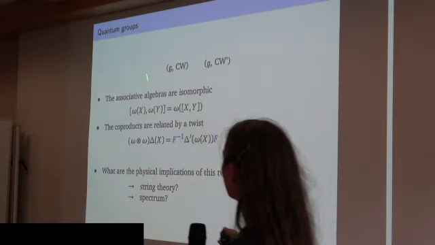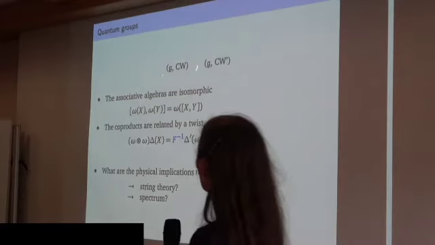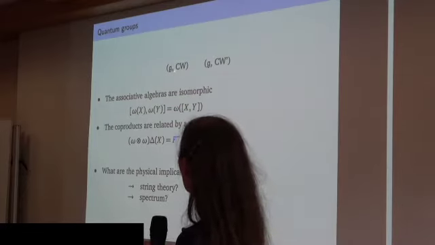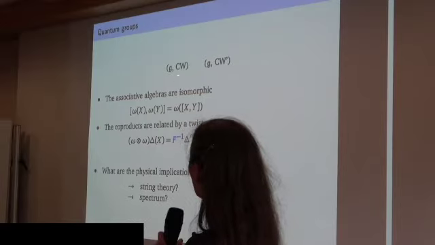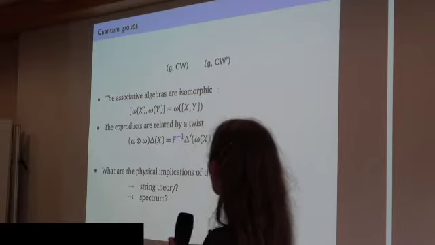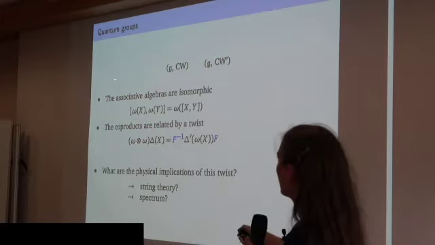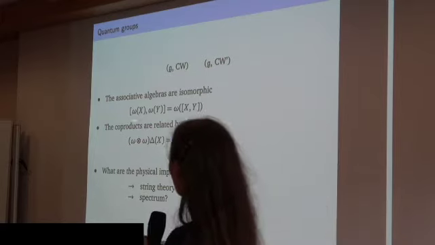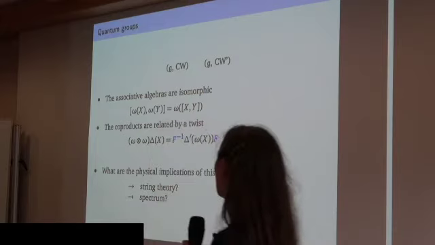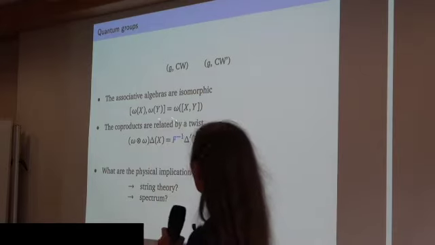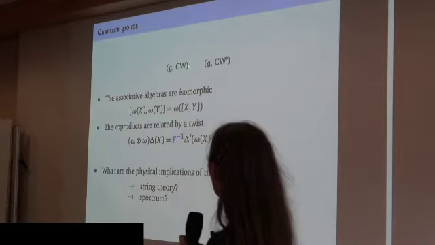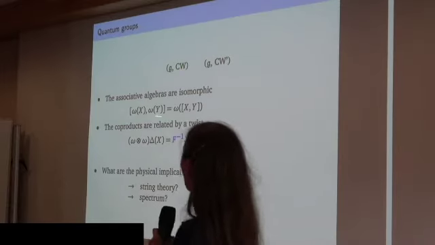For this, let me consider two different Cartan-Weyl bases: Cartan-Weyl basis number one and the other one, where all the quantities will be denoted with a prime. What happens is that the associative algebras are isomorphic, so you can find this Lie algebra homomorphism, omega, that goes from one Cartan-Weyl basis to the other.